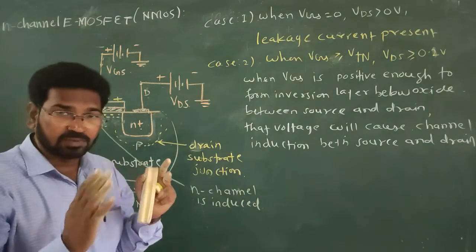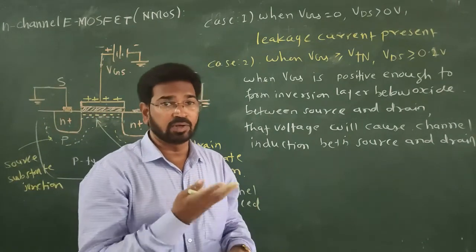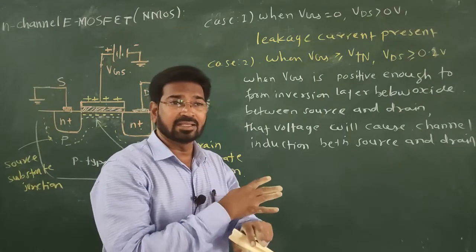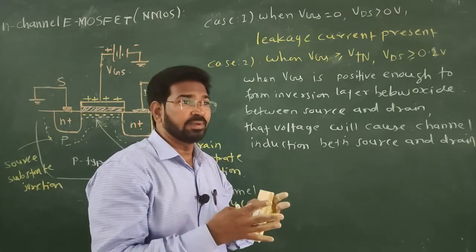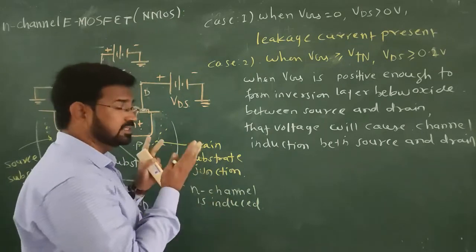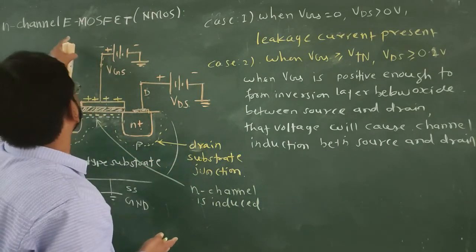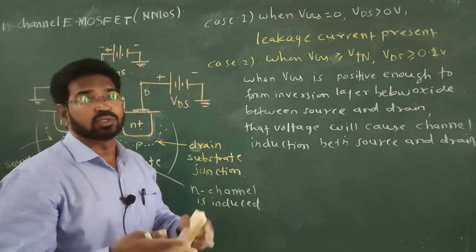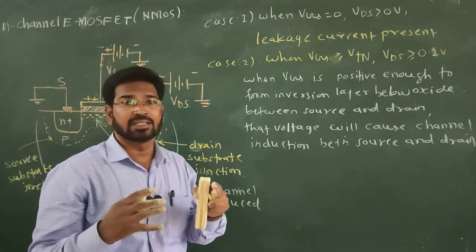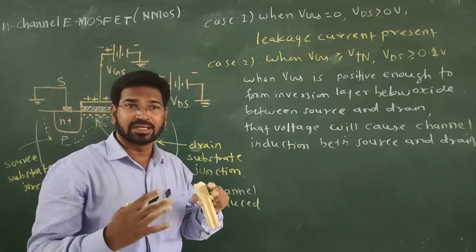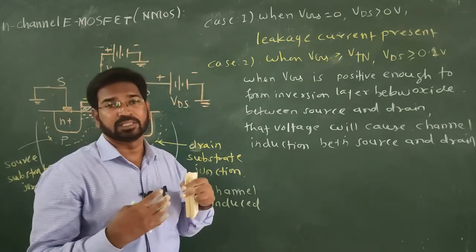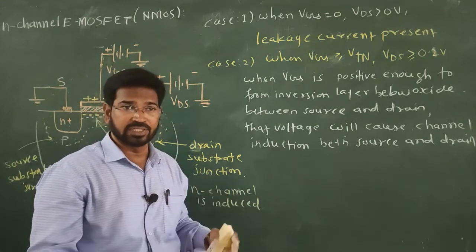The channel was not present between source and drain below the oxide layer, the area had more resistance. Now, because of gate voltage, the channel is induced and because of this, it is called an enhancement MOSFET. E stands for enhancement. The gate voltage enhances the induction of the channel between source and drain.